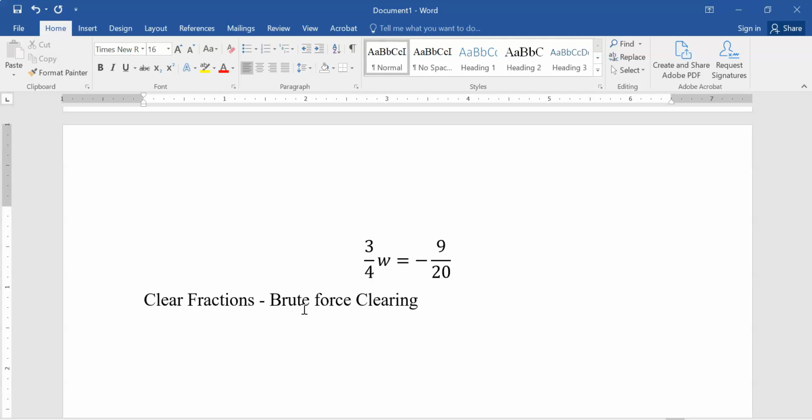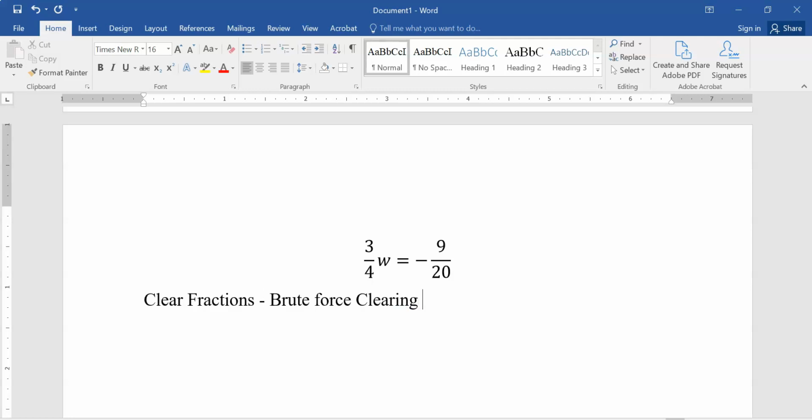You may have heard of the least common denominator. That's sort of the most sophisticated way to clear fractions. I'm going to do one of the least sophisticated ways. I'm going to just go brute force.